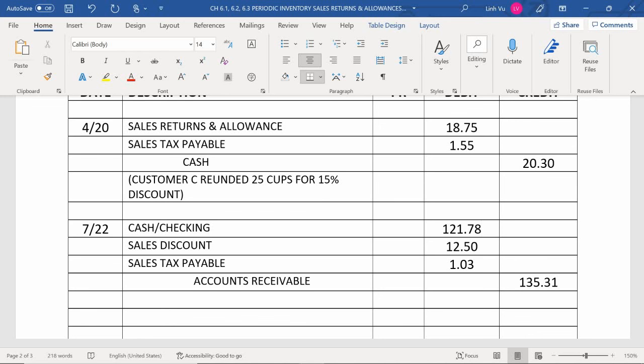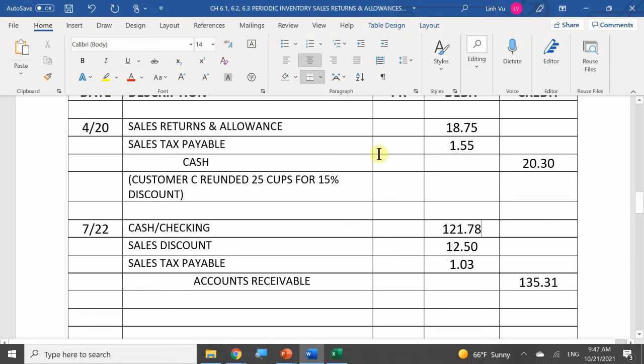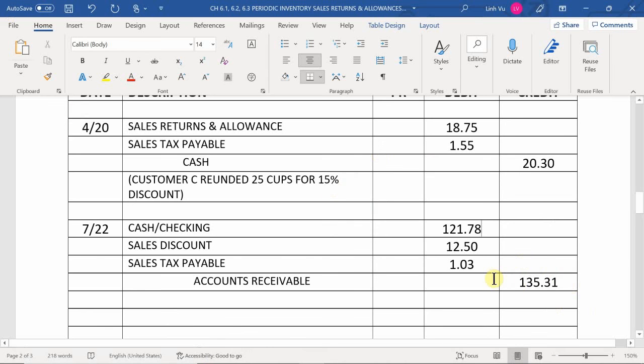Because this is the total amount that we originally charged the customer, which includes the actual sales price and the amount of tax. So I'm just taking out the discount and the tax I'm supposed to refund them, and that's the total amount that I should get, including the sales tax. That should be the accurate amount.